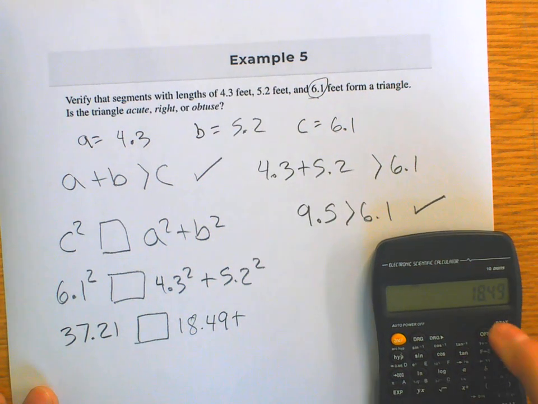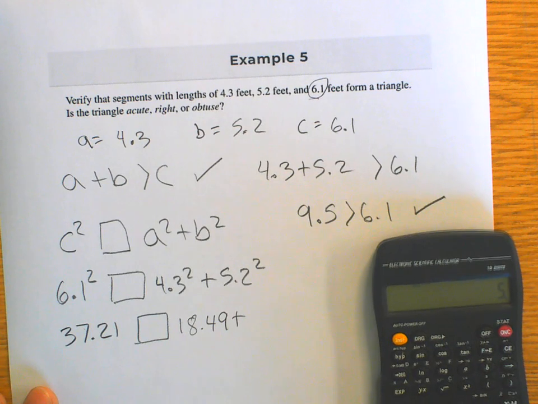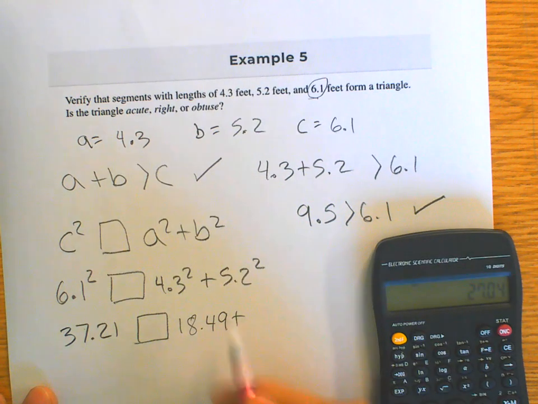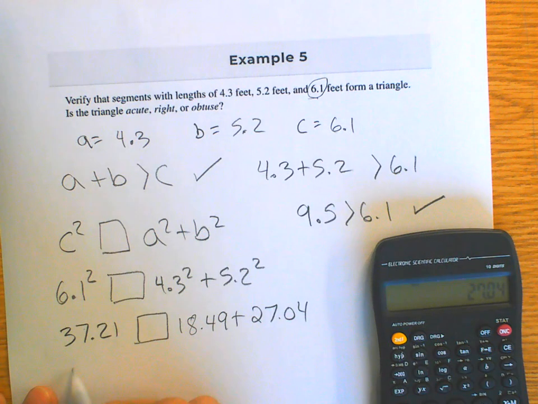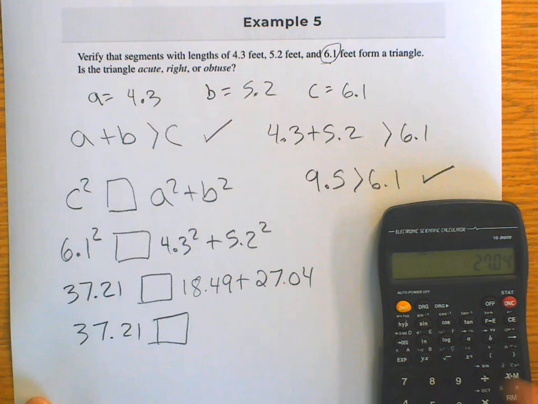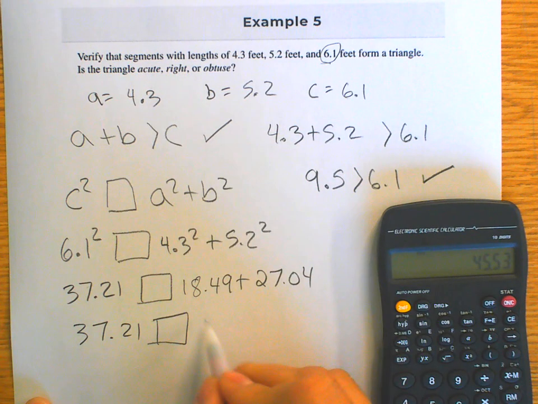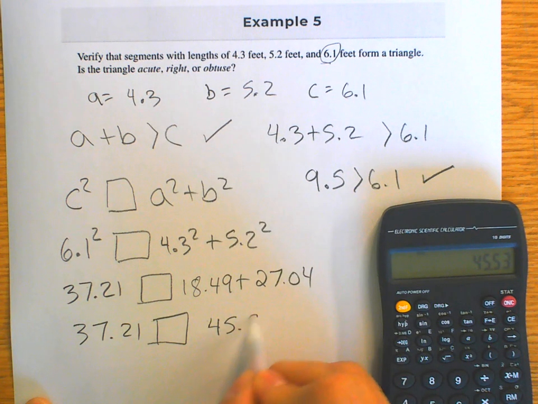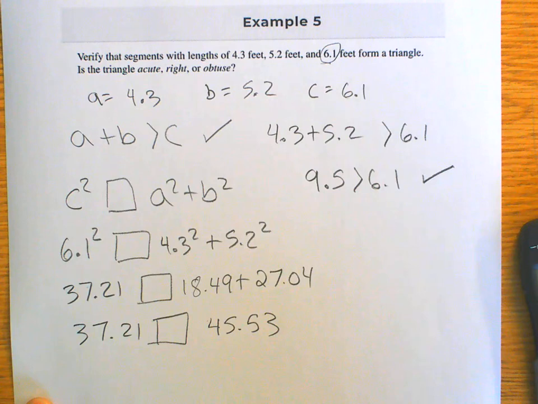If there's not that many decimals, guys, just put the whole thing. Then 5.2 squared is 27.04. So combine them together: I get 18.49 plus that, and I get 45.53.